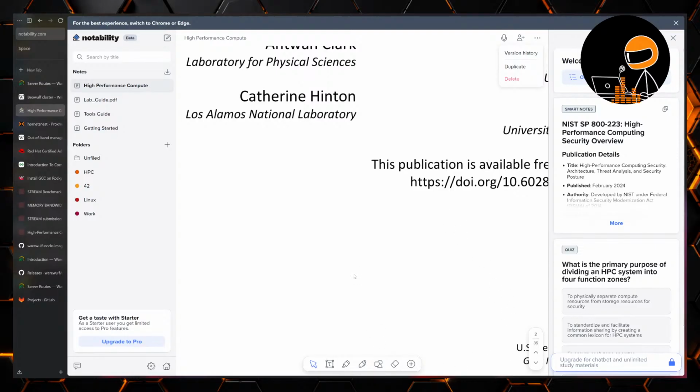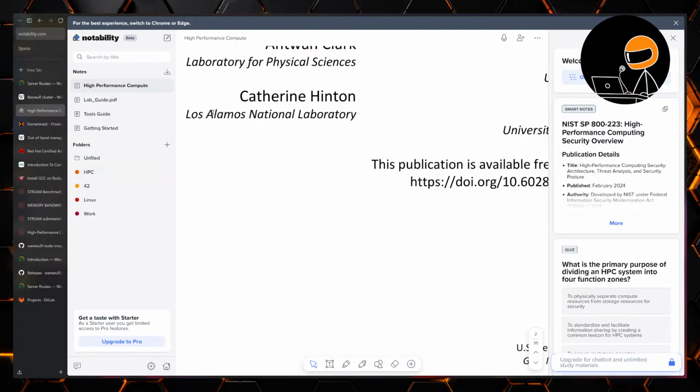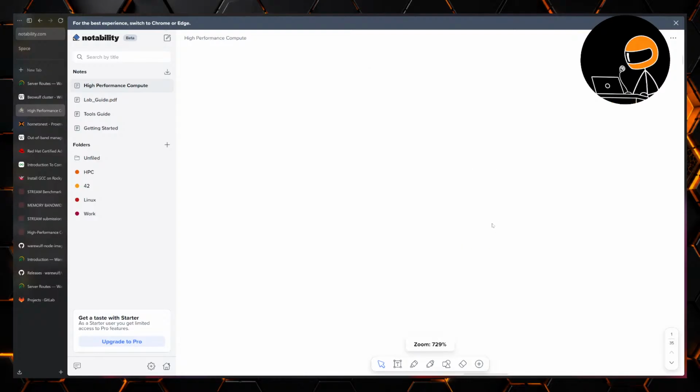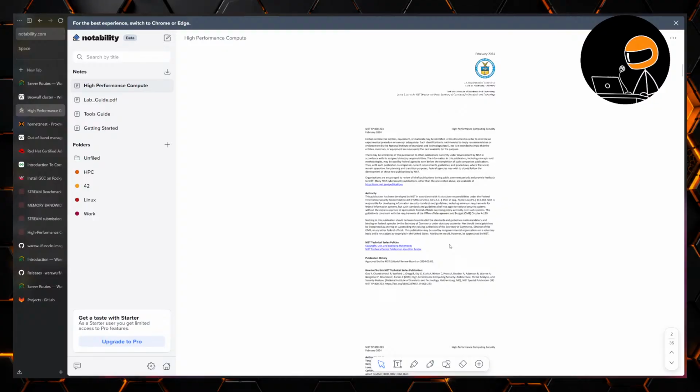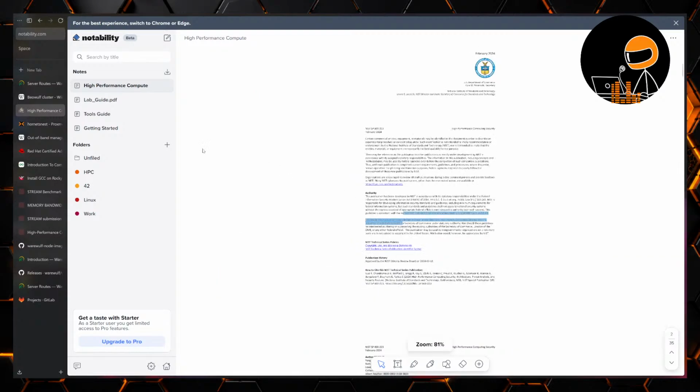I don't know why this zoom is so much. This is annoying.